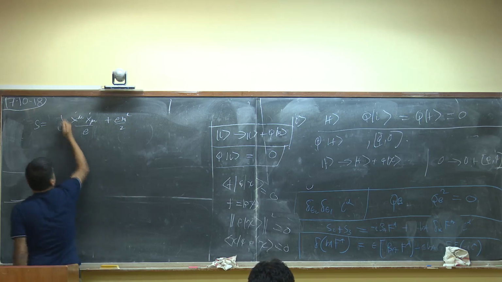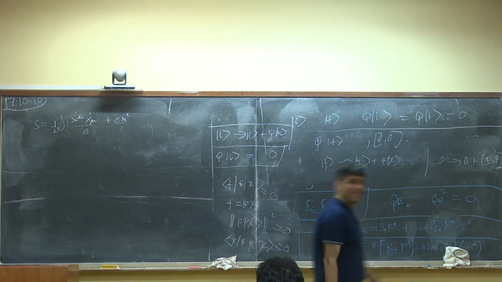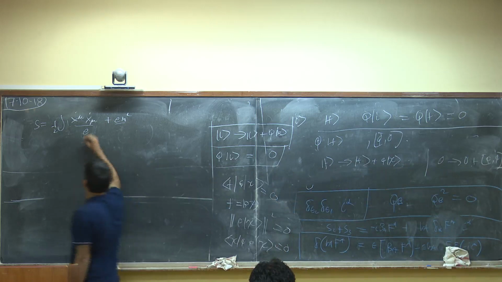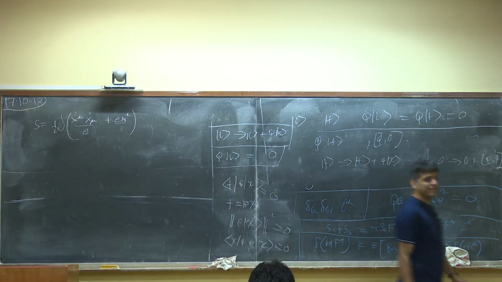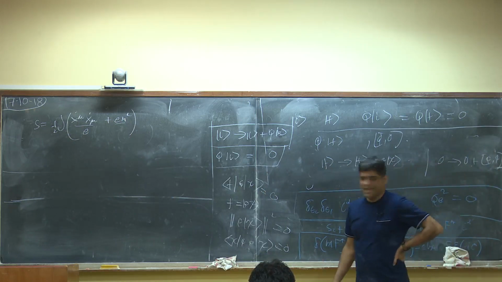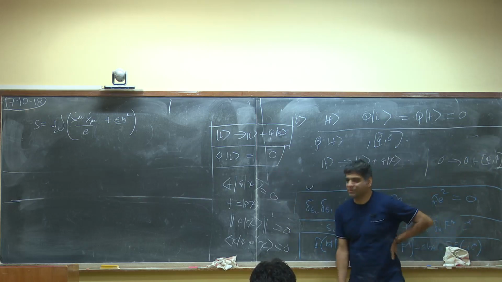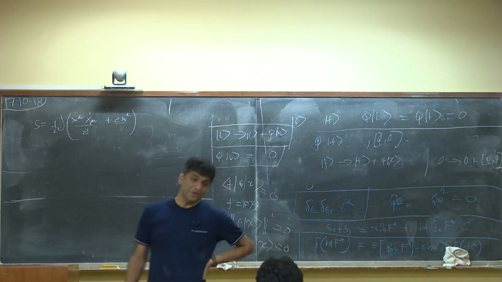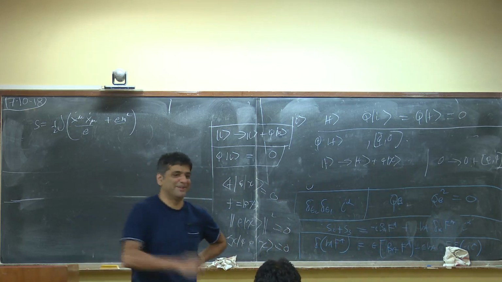This was the action that we very early on in our lectures started with, which was the Polyakov version of the action, as opposed to just the square root of x mu dot x mu dot. Our first lecture in this course started by considering this action and quantizing it in many different ways. Now we're going to return to that problem by quantizing this in yet another way, by using BRST quantization.